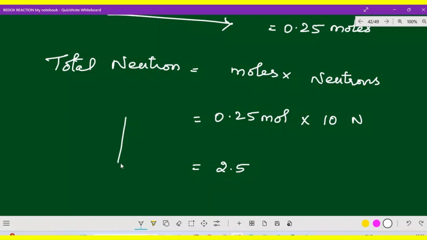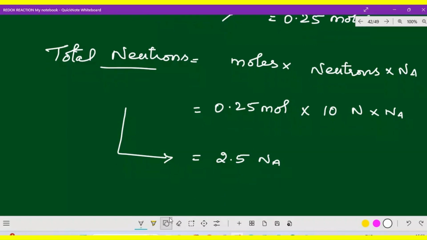So the total neutrons is 2.5. Here we also have to multiply with Na, the Avogadro number. So total neutrons, we have to multiply with the Avogadro number also. So 2.5 Na.